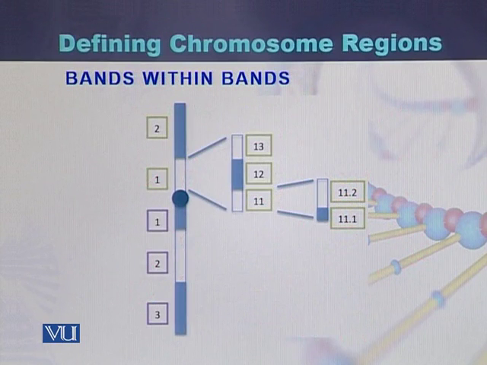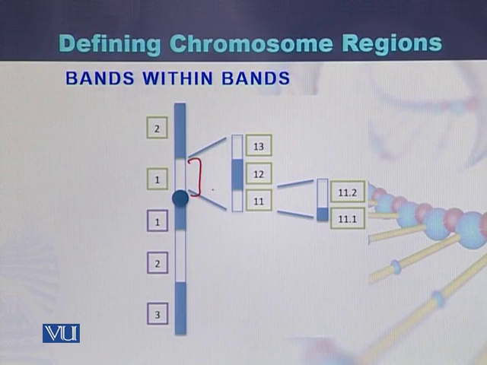We can see that bands are present within the bands. Just to understand how bands are present within the bands, if this is a band, here we cannot see further fragments which are present in this band. But when we magnify the microscope, then we will see that there are further bands within this band.